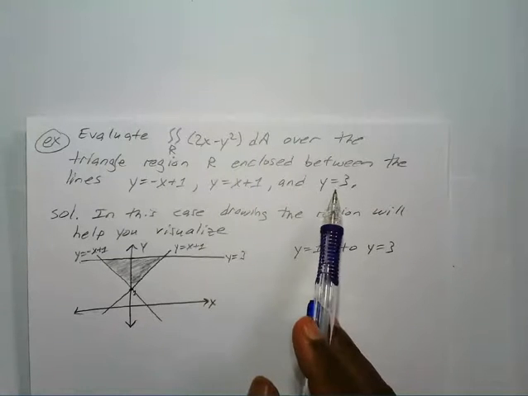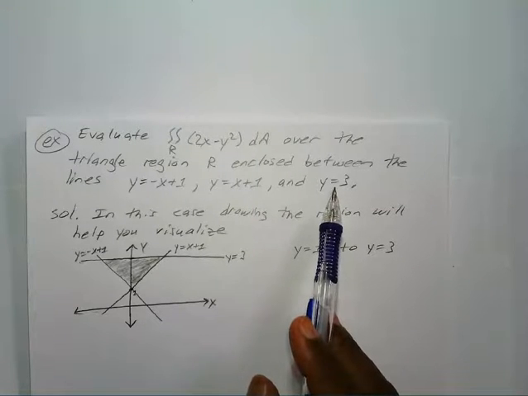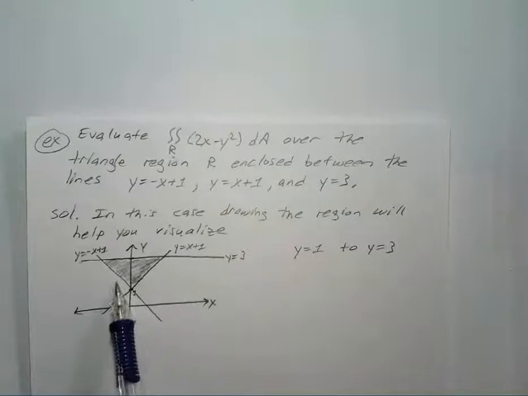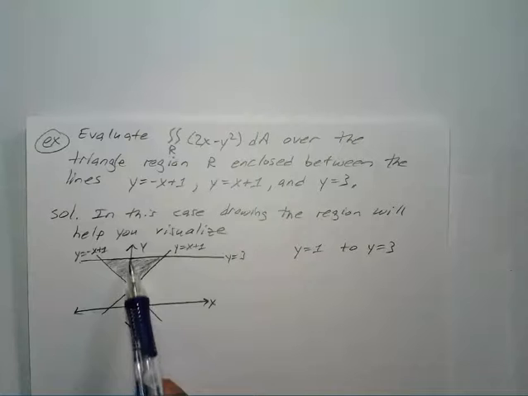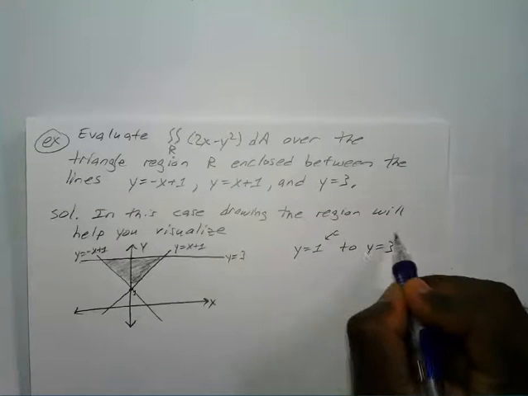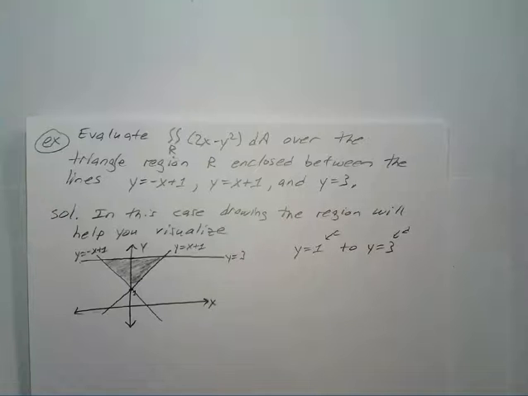Originally they only gave us y equals 3. That's why drawing it out helps a lot, because now that I drew this out, I can see it goes between 1 and 3. So that's our C and our D value there.